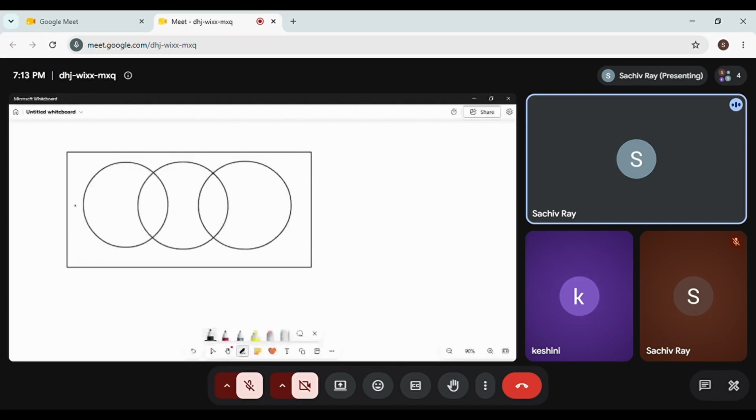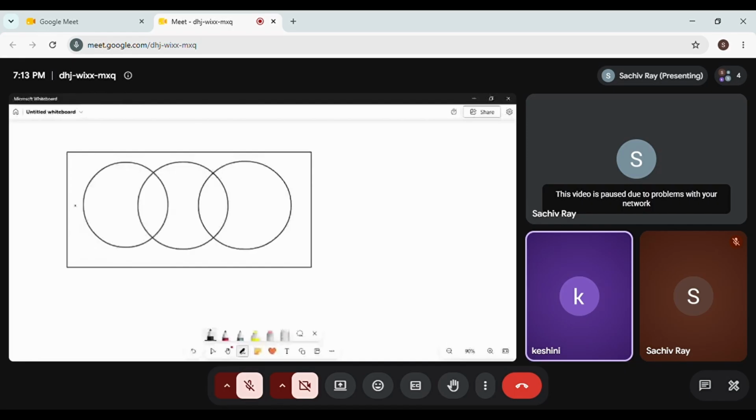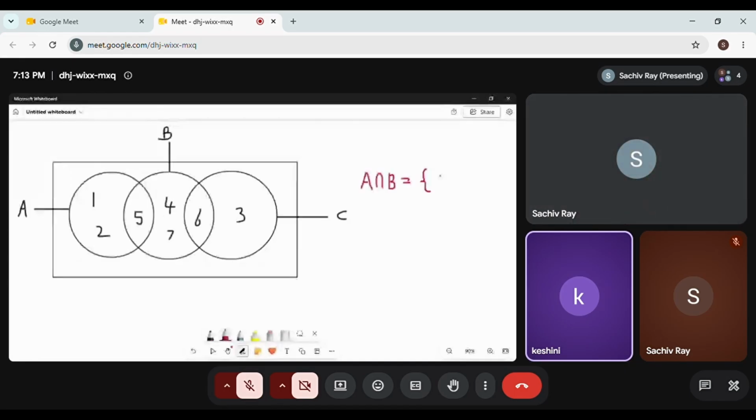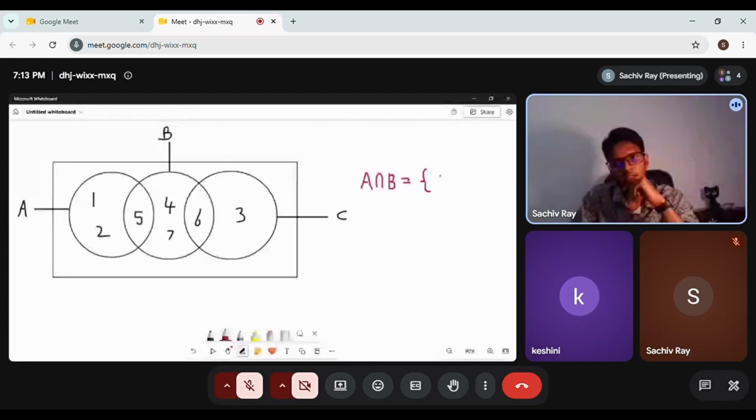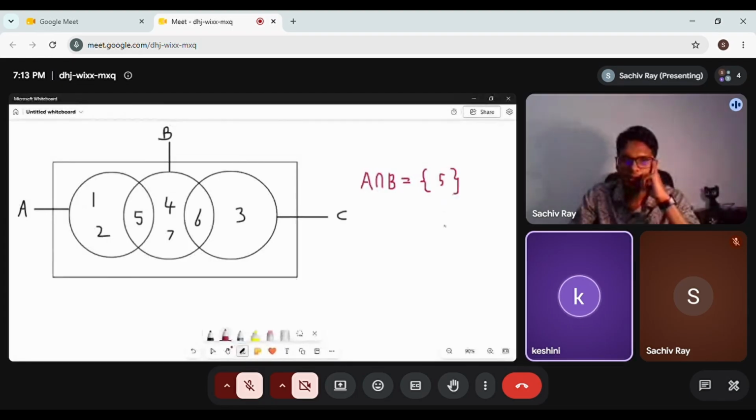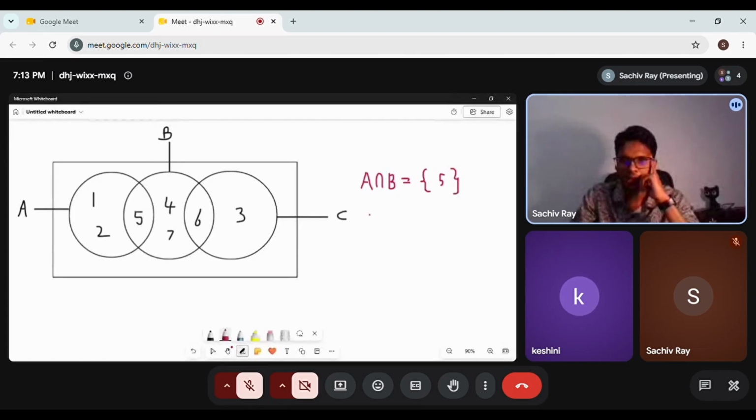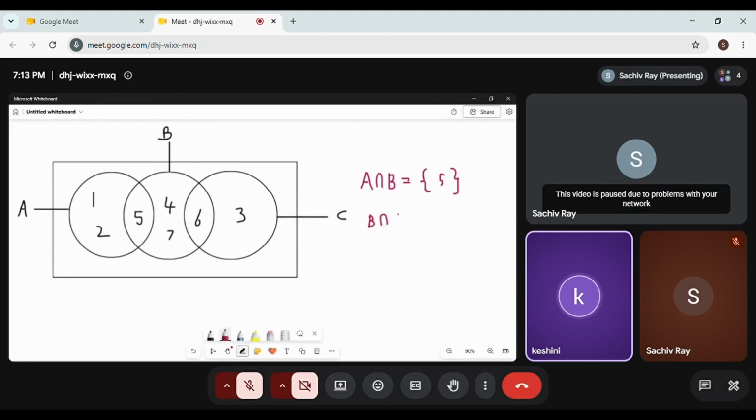If I asked you to write the set A intersect B, what will be the data which you should put inside that? 5. The set A intersect B would have 5. What about B intersect C? 6.